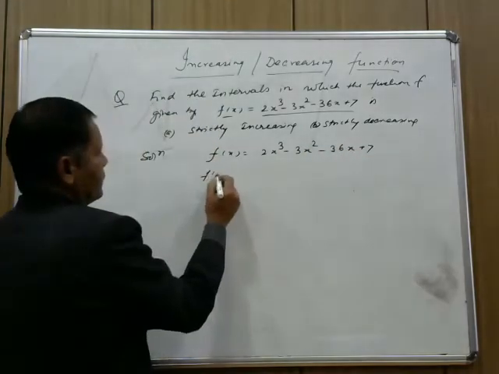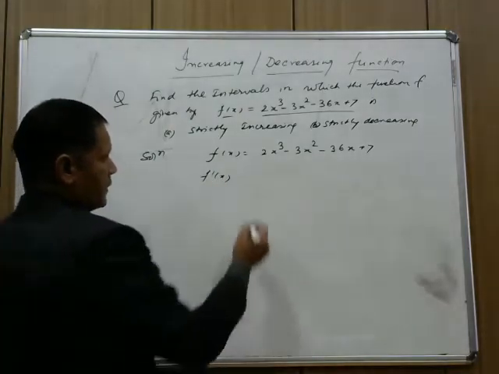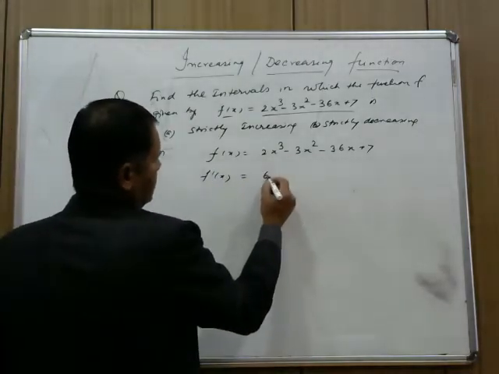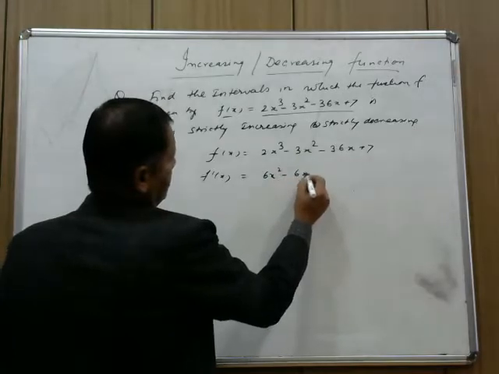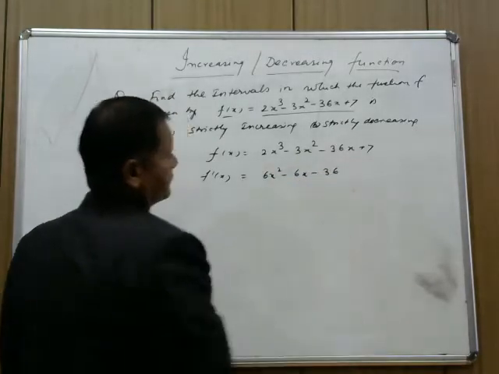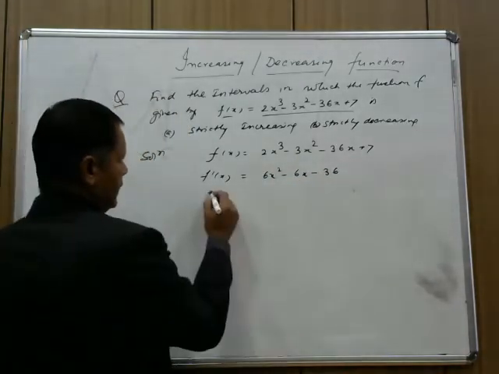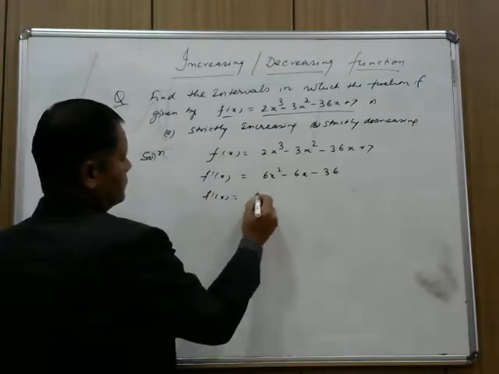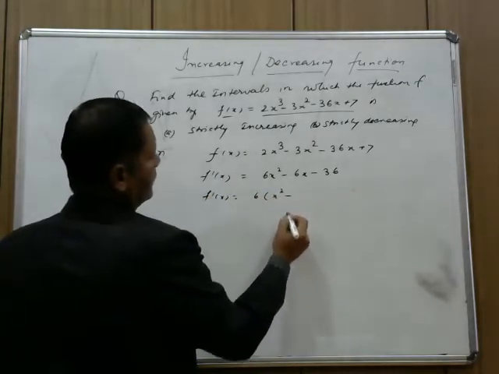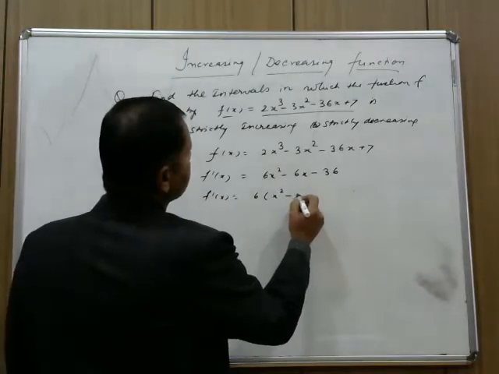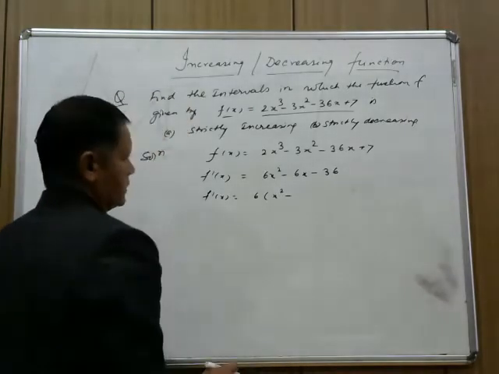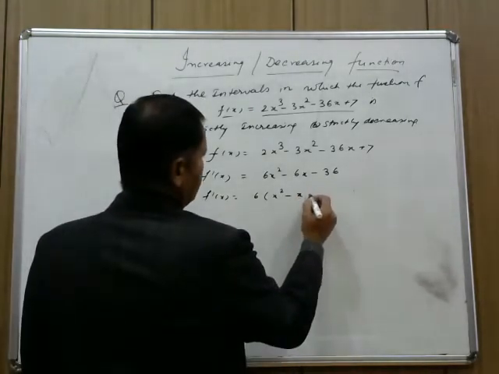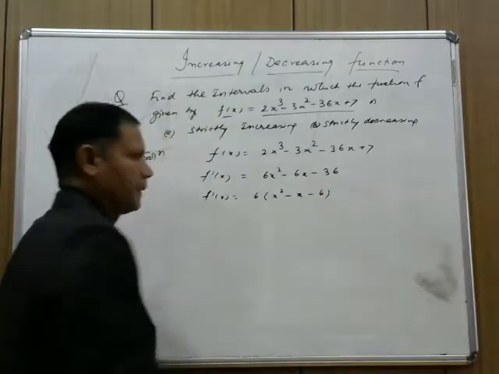We will find out f dash of x. F dash of x is equal to 6x square minus 6x minus 36, which I can write as 6 times x square minus x minus 6.